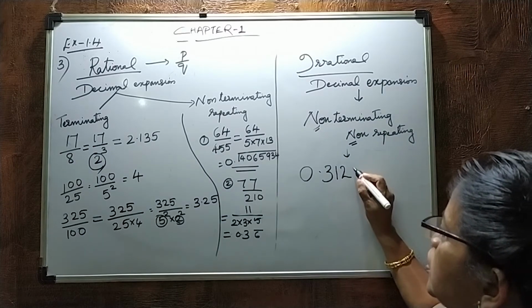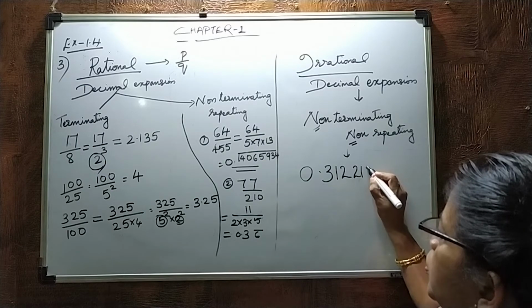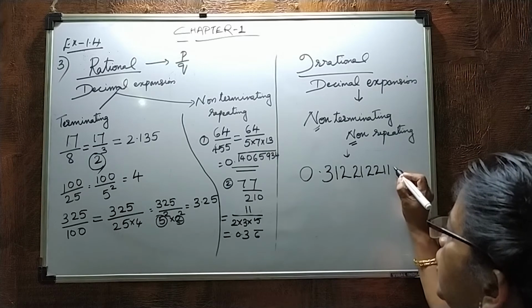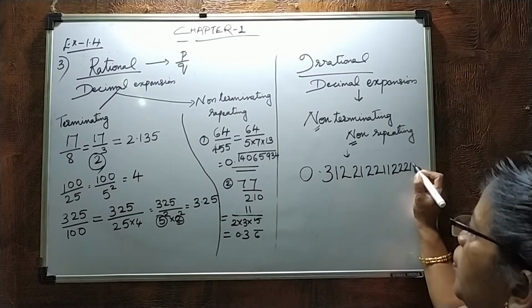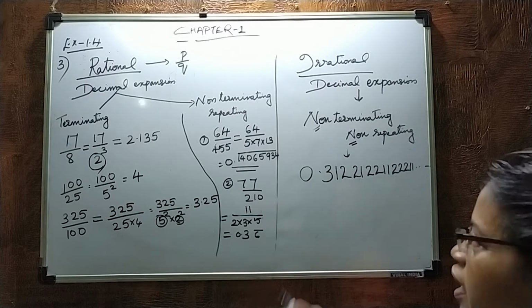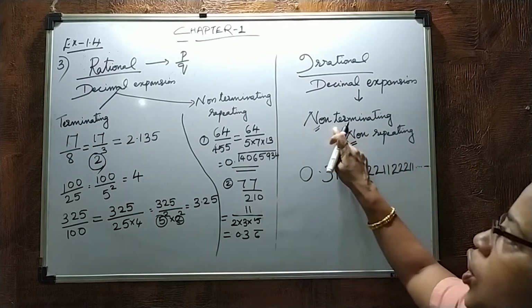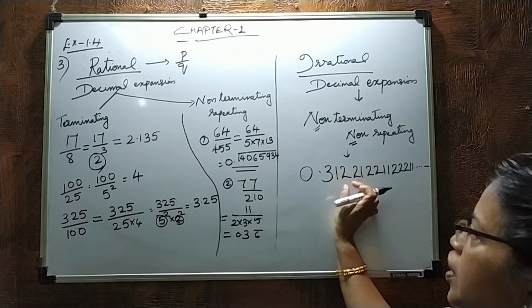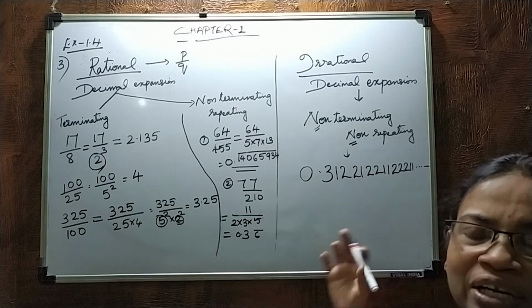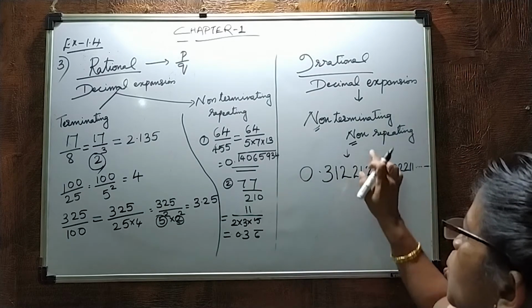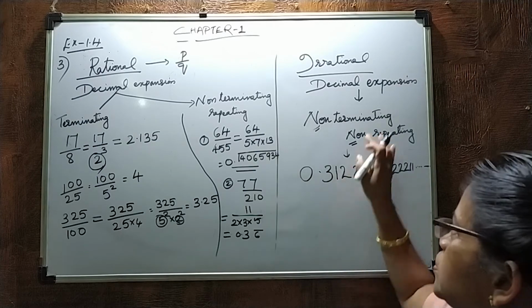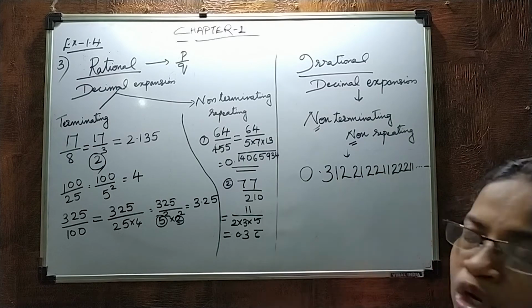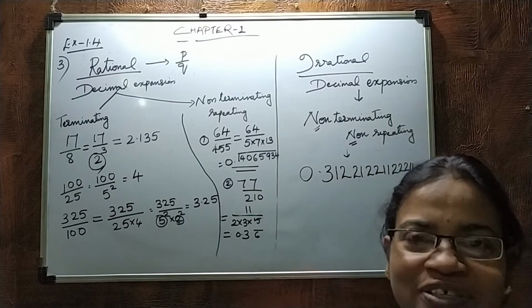Non-repeating also, if suppose it is 2, 1, again 2, 2, 1, 1, then again 2, 2, 2, 1, 1, etc. goes on. That means it is non-terminating and non-repeating also. If again it is 3, 1, 2, 2, again 3, 1, 2, 2, it repeats, so that is not non-repeating. So this is called a non-terminating, non-repeating decimal expansion. Hope it is clear.